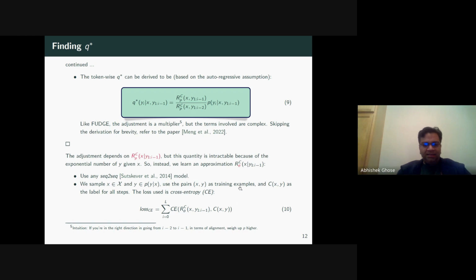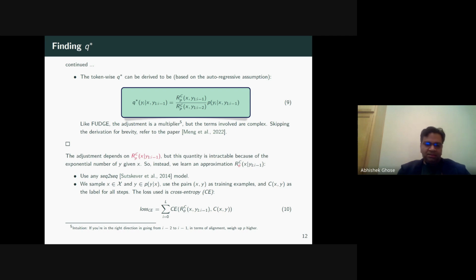For that xy sample, you take the Boolean value of the constraint model and use it as the force for teacher forcing at every step in your sequence to sequence model training, using the cross entropy loss as your loss. So the loss is essentially the cross entropy of the current output of the sequence to sequence model with respect to what the constraint model says about your string, right?